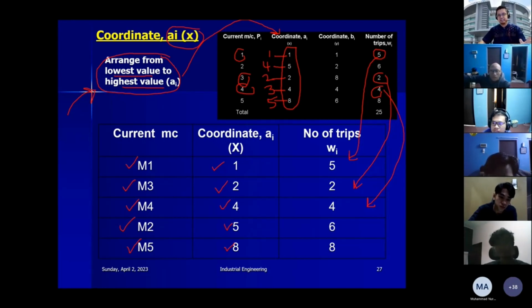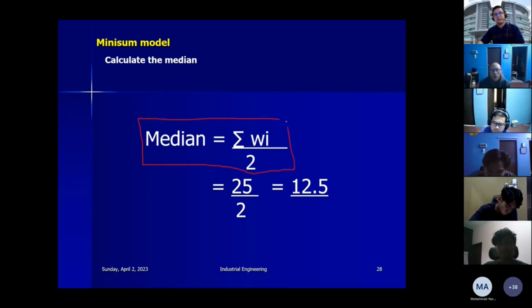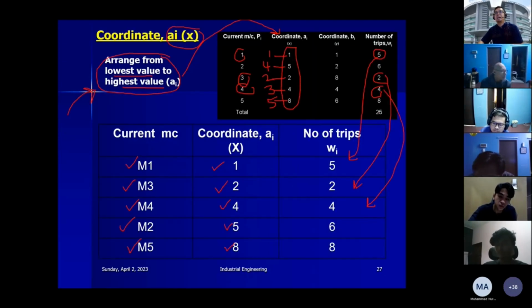Understand? Okay, good, Alhamdulillah. And then this is the median. How do we calculate the median first? This is the formula for the median: sum of the WI divided by 2. WI is the total number of trips here.